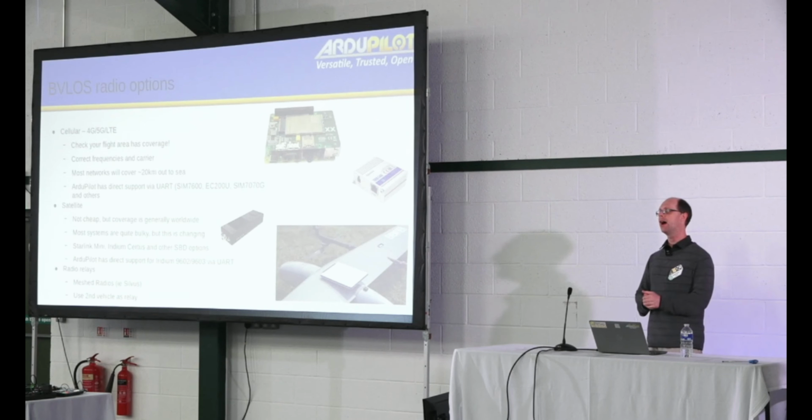Related to that, satellite modems, and especially the antennas, are really bulky. They are not designed for UAS. It's only in the last couple of years that the satellite companies have said, oh, maybe there's a market here for UAS, and have started designing smaller systems.